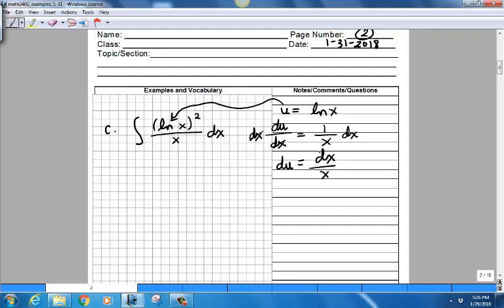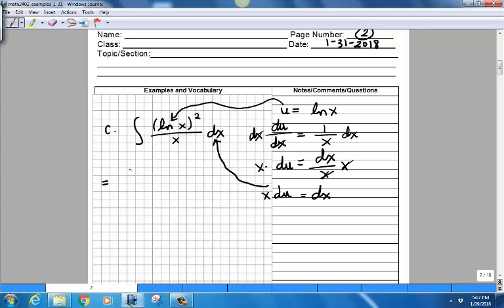Now, remember, what I'm trying to do is solve the equation for dx, because whatever I come up with for dx, I'm going to substitute that into my original integrand. Well, we can finish solving this equation for dx by multiplying both sides by x, right? So this will divide out the x's on the right-hand side, and so I get dx is equal to x times du. Groovy. All right, that's what I'm going to substitute now for dx in my original integrand, because that's what dx is equal to.